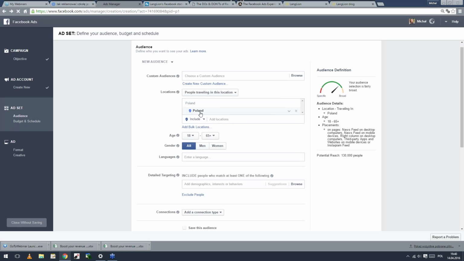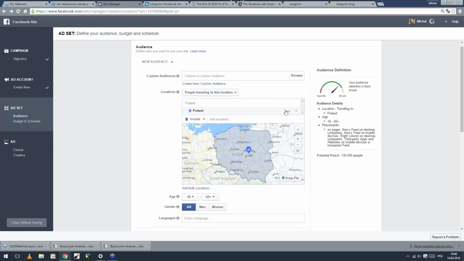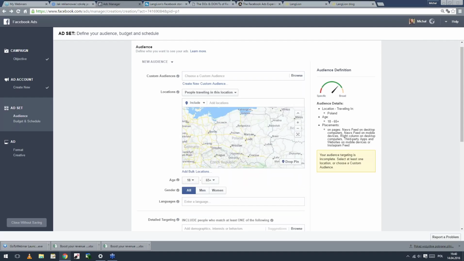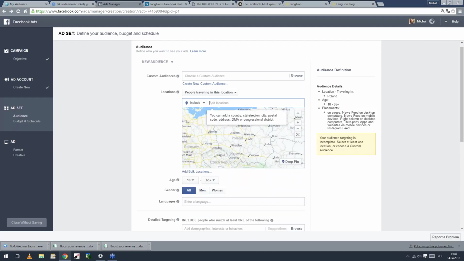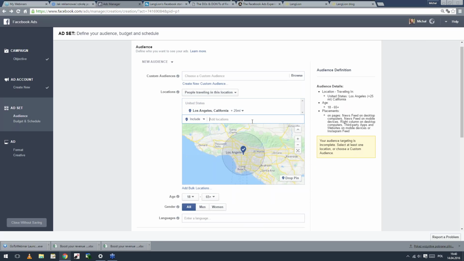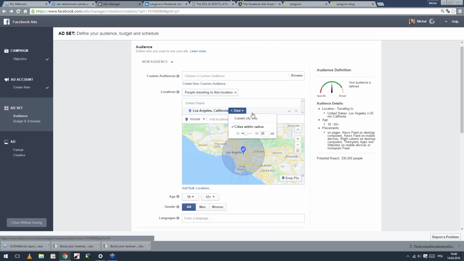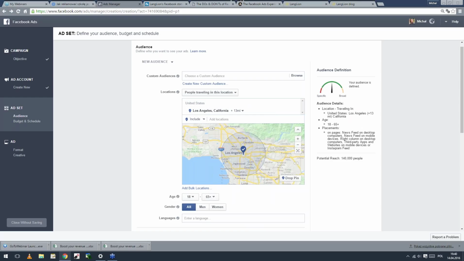And for example, set here, instead of Poland, that's excluded, Los Angeles, California. Plus 25 miles, we can narrow the radius, so we'll see only downtown, for example, and some close to downtown districts.